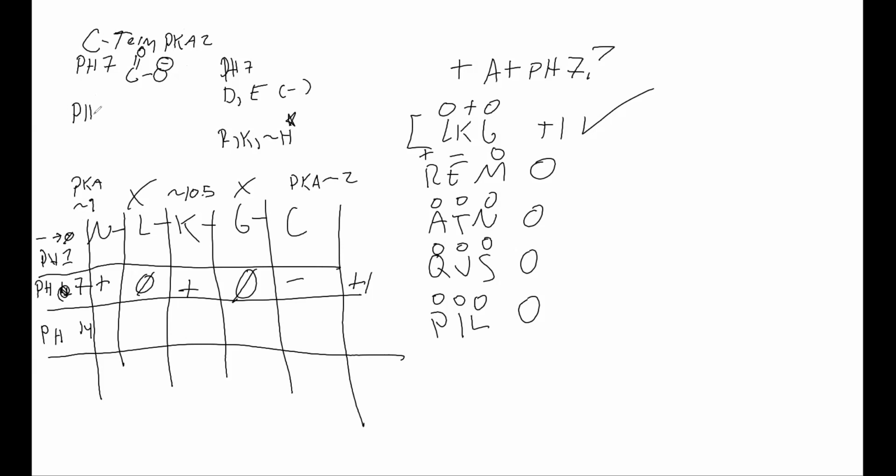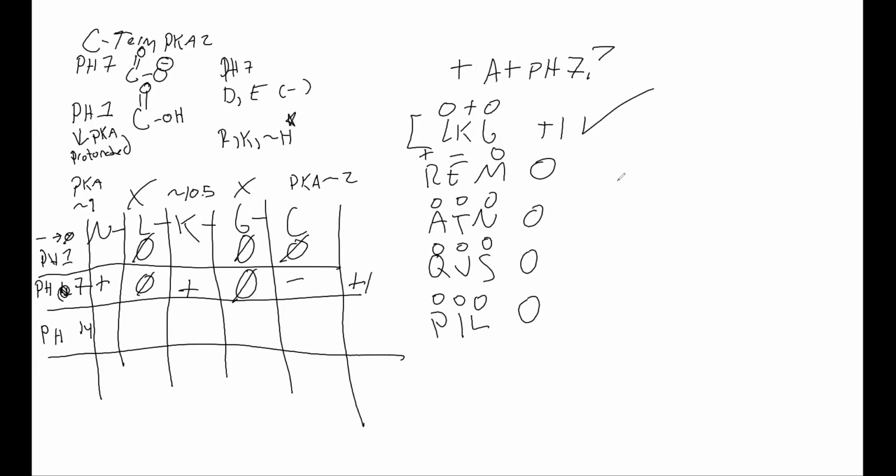At a pH of 1, you're now below the pKa, which means you are now going to be protonated. When the pH is below the pKa, you become protonated. So this becomes COOH, and at a pH of 1, the C-terminus is neutral. Glycine doesn't have a pKa, so it doesn't change. Leucine doesn't have a pKa, so it doesn't change.